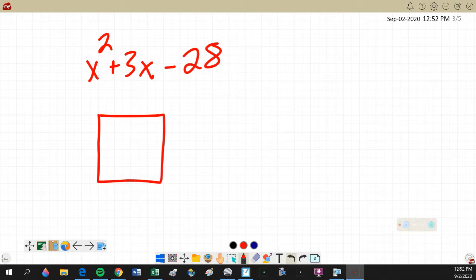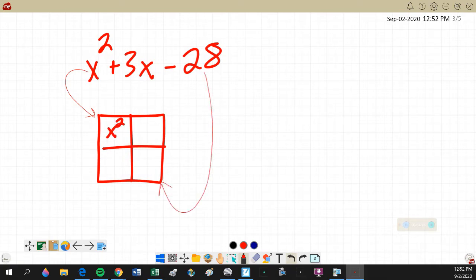So, to start this, and again, you might be able to do this in your head, but I want you to write this down because for the more difficult problems, this is way easier to do it this way. So x squared is going to go in the first box, and negative 28 is going to go in the last box.